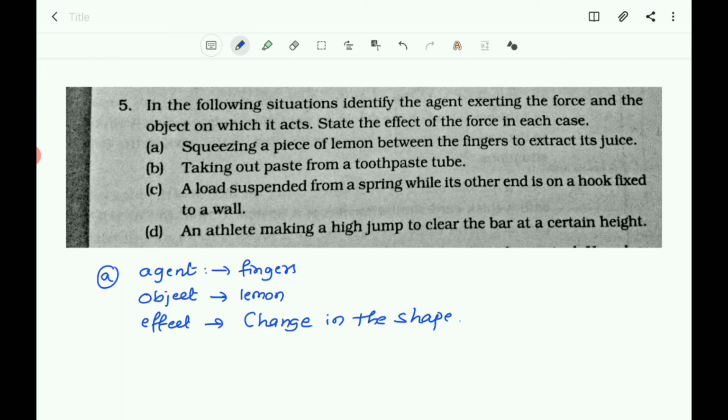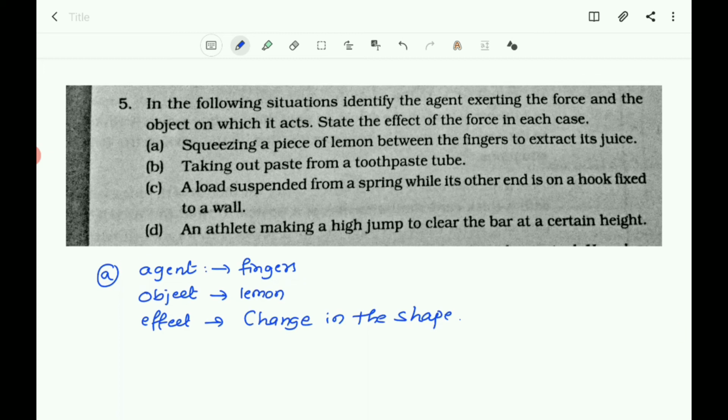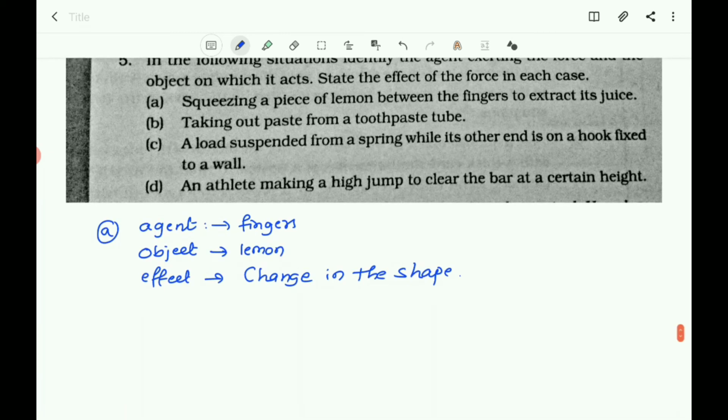The effect of the force is, we can observe that the paste comes out of the tube, that is also change in the shape. You know that it causes change in the shape of the paste tube, and as the shape of the paste tube changes, the paste comes out here.